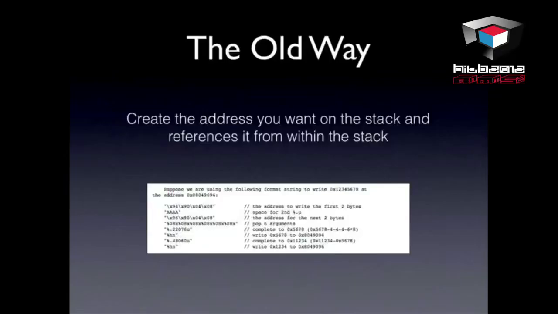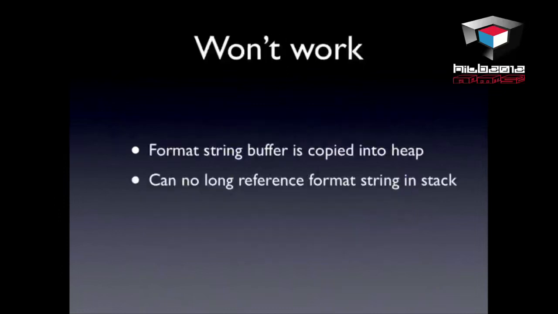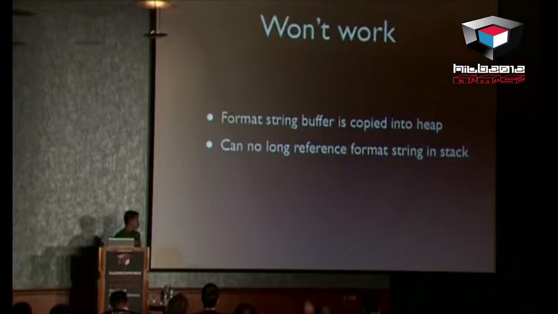The old way they did it was they actually wrote the address they wanted in the format string and then referenced that back. But unfortunately, that way won't work anymore, because the format strings are actually copied into heap, and they're not actually on the stack, so you can't reference them.